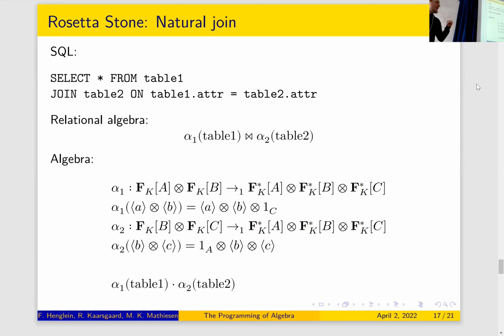And in our system, there's a similar juggling that you have to do, because we don't have a dedicated join operator. We have this intersection. So if one table has A and B, and the other has B and C, then we want to inject them into a common type. So for the AB, we have to add a C. We do this by saying A comma B maps to A comma B, and then the unit element.